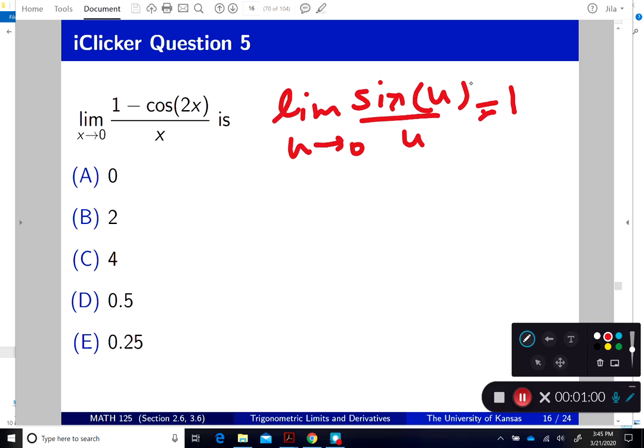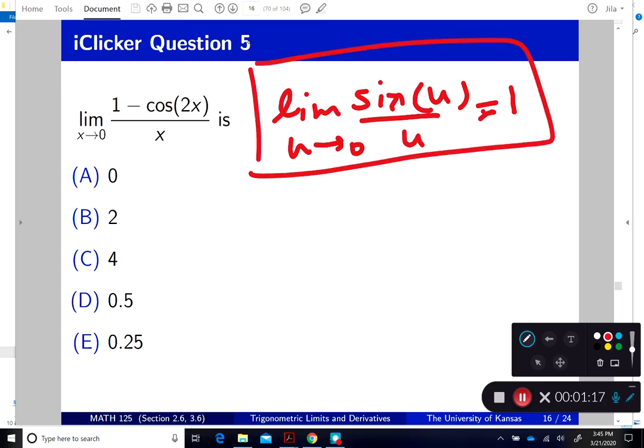Here I have a cosine, I don't have a sine. What do I do? We've done similar things to this, so I can play with it multiple ways, but let's just use this formula instead of the other formula that we have. So how do I get this to look like that?